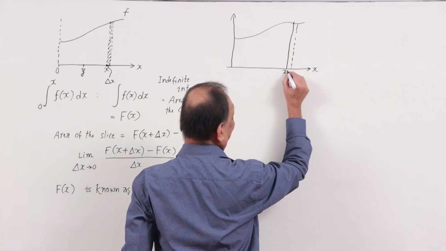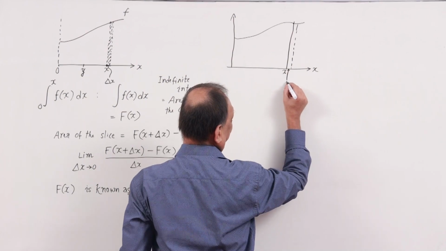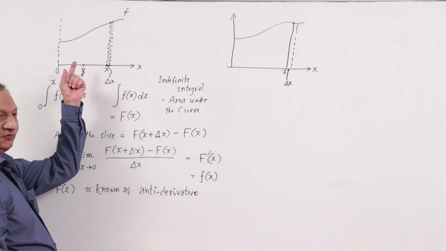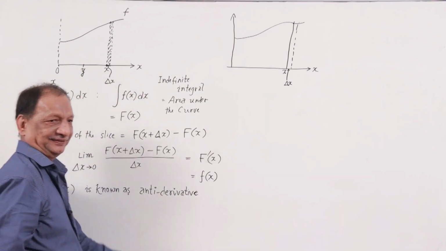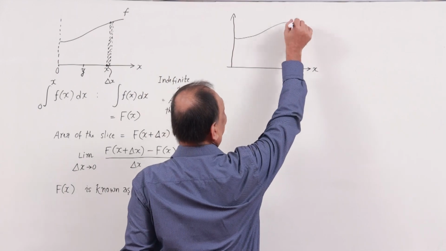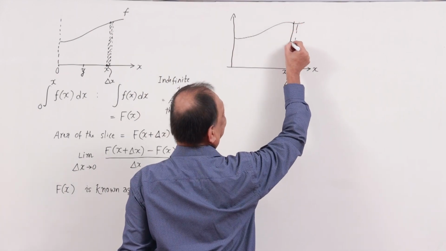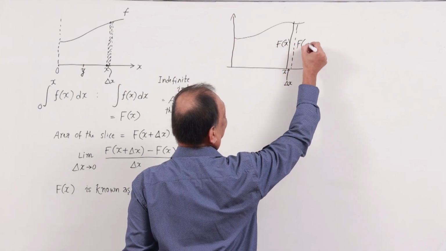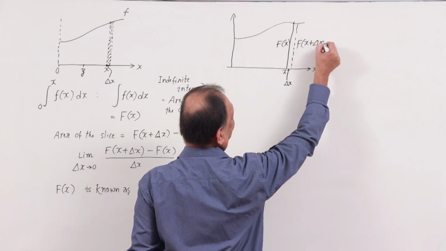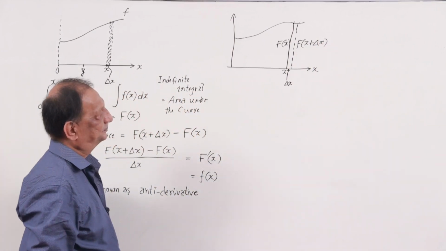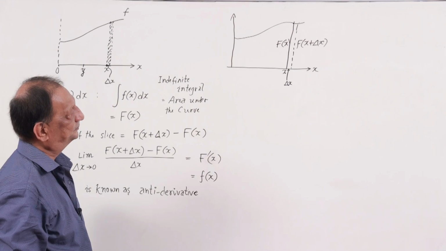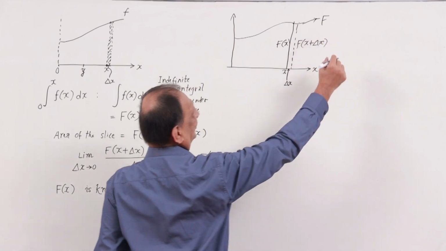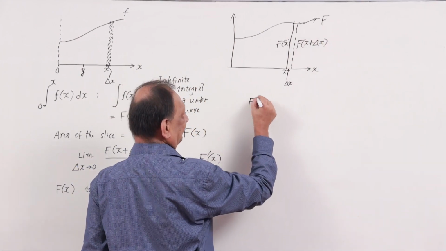Similarly at x plus delta x, so this is delta x, I got another height here which is the area of the curve till x plus delta x. Correct? So the difference in height: the first height is F of x, the second height is F of x plus delta x. Correct? And what we have plotted is F. And what is F prime?